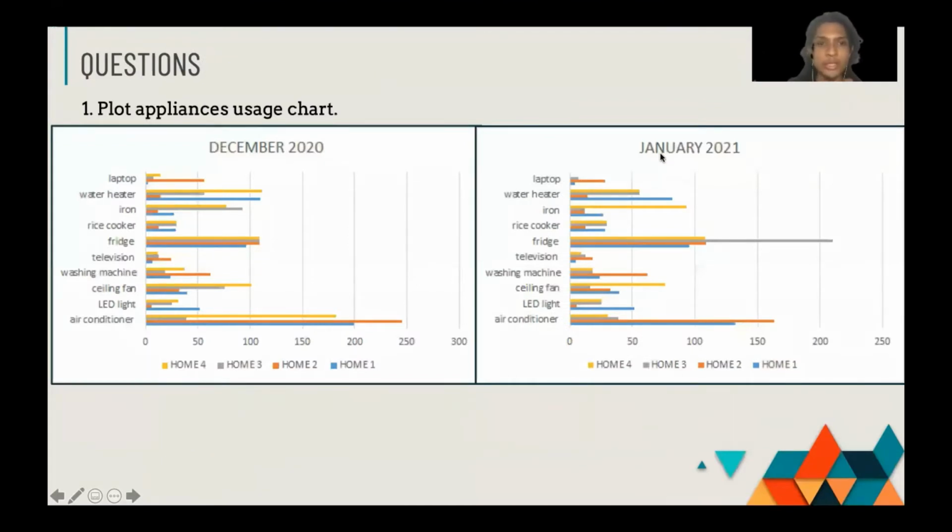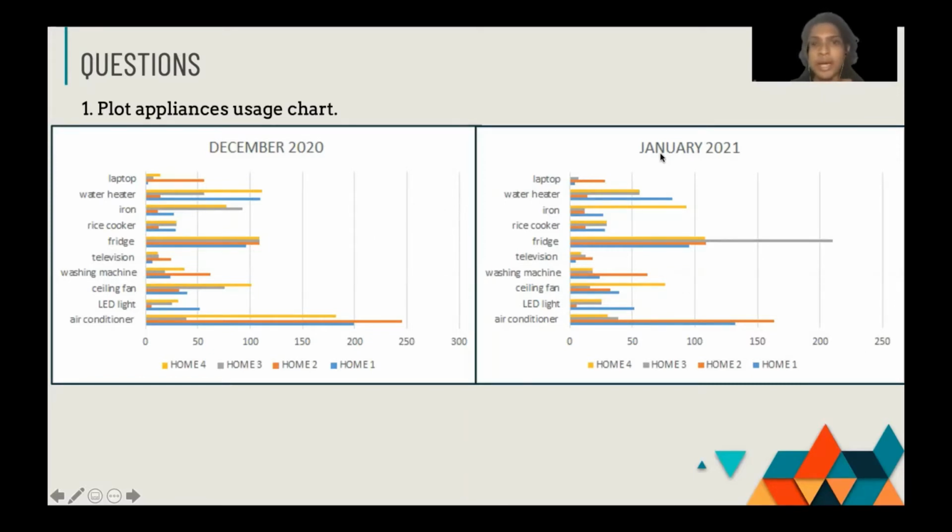For question 1, we collected data from 10 main electrical appliances for each house, such as laptop, water heater, iron, rice cooker, fridge, television, washing machine, ceiling fan, LED light, and air conditioner. We estimated the usage of each appliance for the 3 months of December 2020, January 2021, and February 2021. Among all of these appliances, we can see that air conditioner, fridge, and water heater are the ones that use the most watts of electricity.